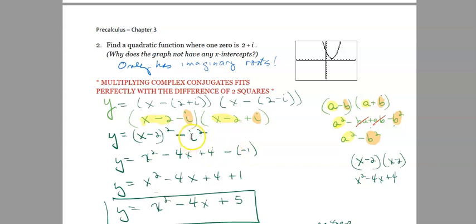What is i squared? That is radical negative 1 squared, which is negative 1. So that's always going to flip this sign, by the way. That should be your takeaway. This is plus 1, which makes this 5. And this is my final standard form of the quadratic.